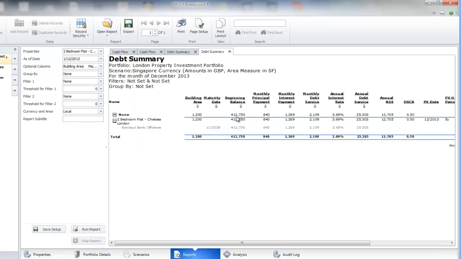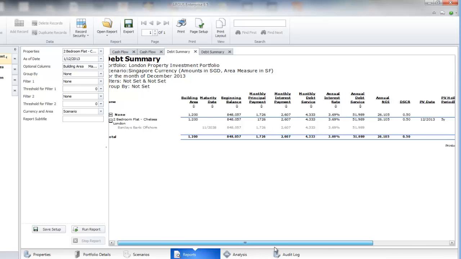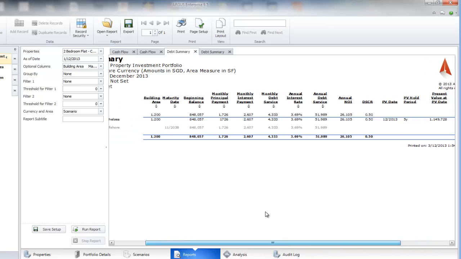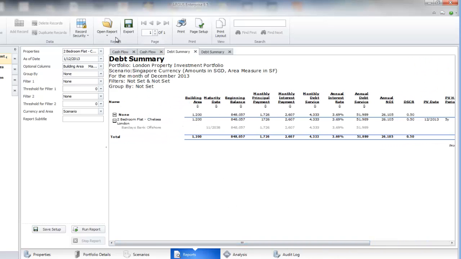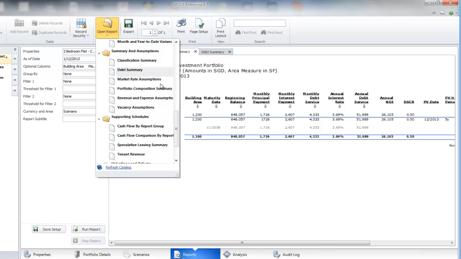So effectively I've borrowed 412,000, with a monthly principal payment of 840 and monthly interest payments of 1,269, and the equivalent in Singapore dollars is 1,726, with monthly interest payments of 2,607. So if you're looking to make up the shortfall in your cash flows for your investment asset, a report like this would be a good set of analytics to provide you more clarity in terms of local dollars.